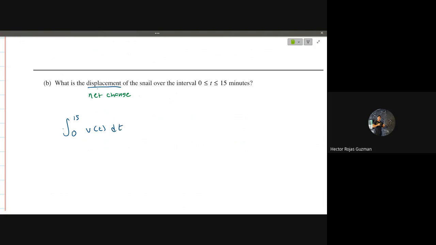Again, all calculator work. This gives us 76.043 inches traveled during the first 15 minutes.